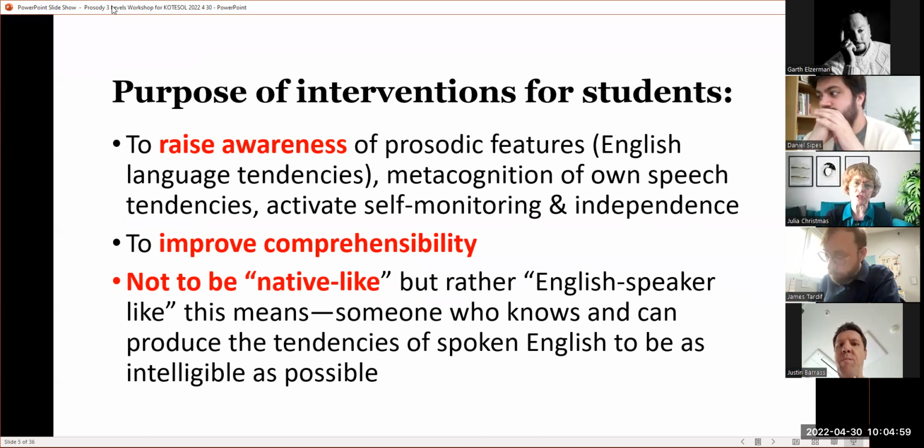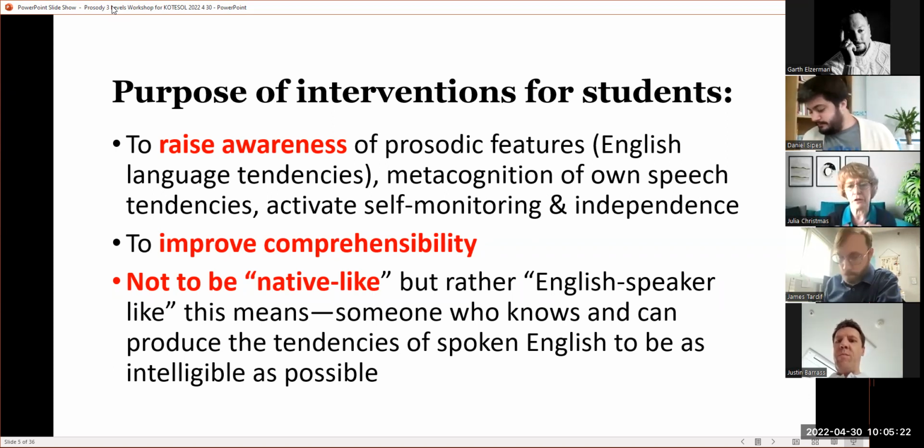The purpose for students is to raise the awareness. So these interventions are raising the awareness of these prosodic features, which are the tendencies of the English language, and give them metacognition of their own speech tendencies and differences. My students are pretty much L1 speakers of Japanese, and the intonation of Japanese is very different, and there's interference.